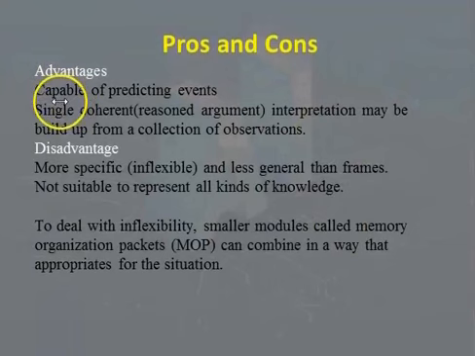And the advantages, as I said, are that we are able to predict the events, the order of the events, or assume or predict with the available sequence of events what happens next. Then disadvantages: it is more specific and less general than frames. More specific means it is not flexible.